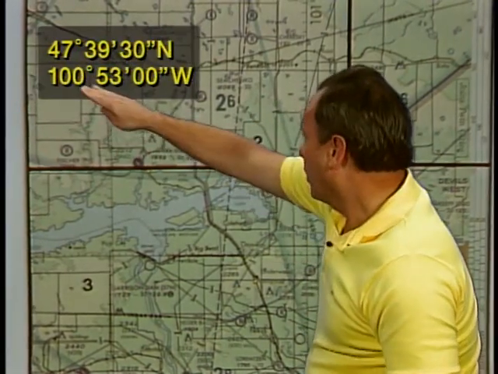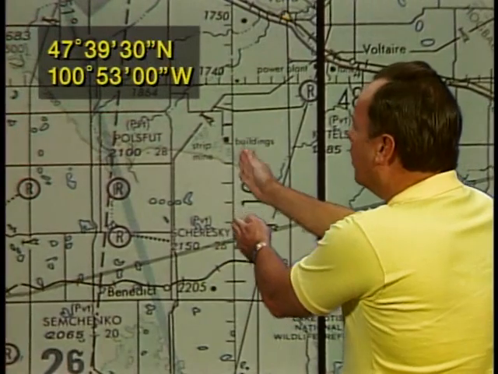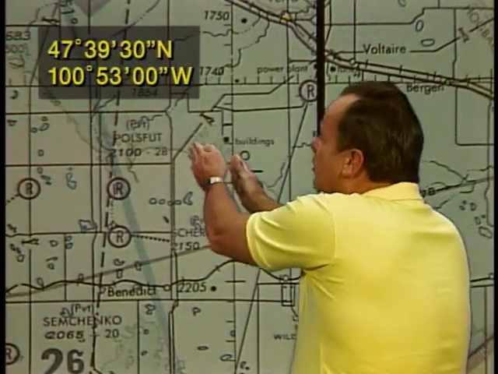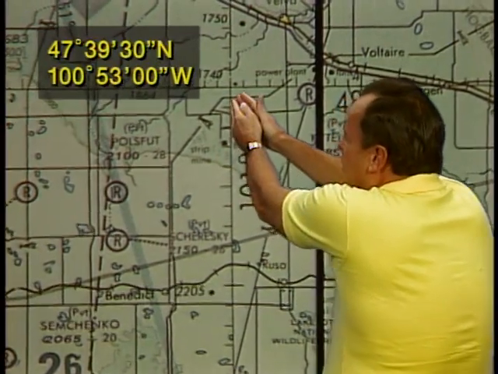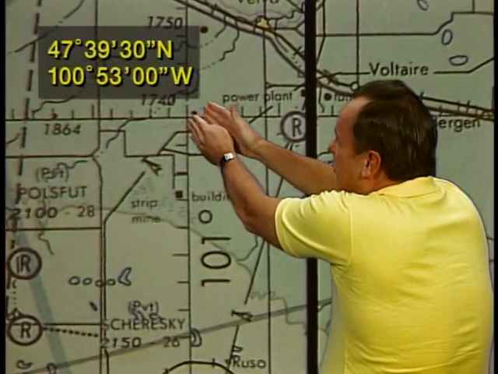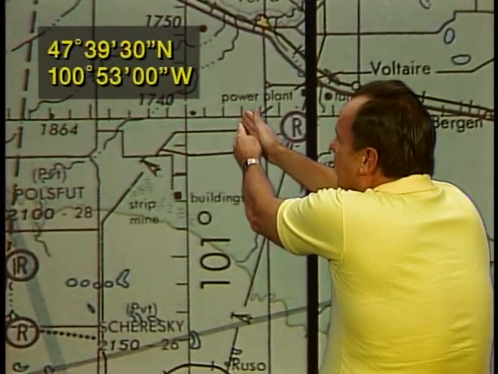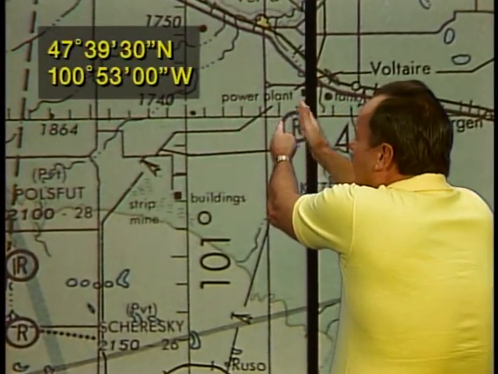Now let's look for 100 degrees and 53 minutes west. And to do that, we'll find somewhere on a line of longitude. Here's 101 degrees. Now, as you go further to the west, the numbers get bigger. Further to the east, the numbers get smaller. So this is basically 100 degrees and 60 minutes. Here's 59, 58, 57, 56, 55, 54, 53.